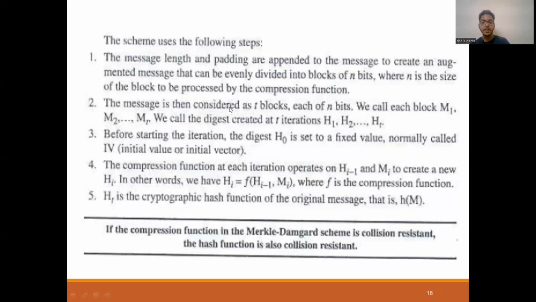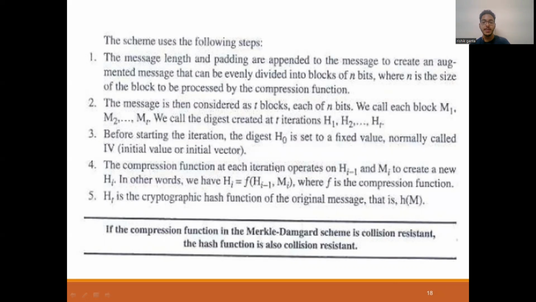The message is then considered as t blocks, each of n bits, which we call m1, m2, and so on until mt, and we call the digests created at t iterations h1, h2, and so on until ht. Before starting the iteration, the digest h0 is set to a fixed value, normally called the IV, or initial vector.